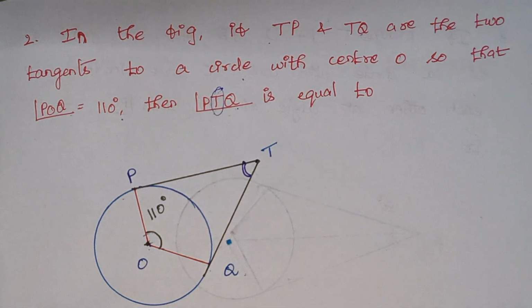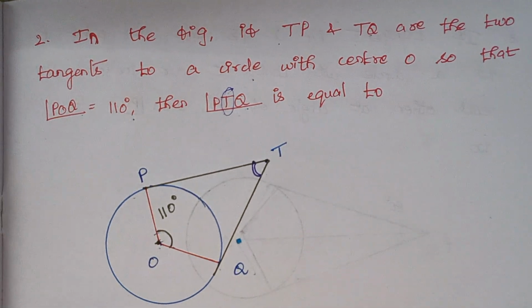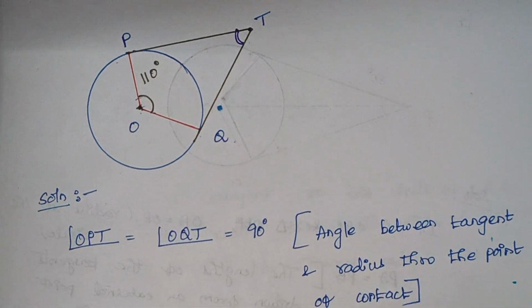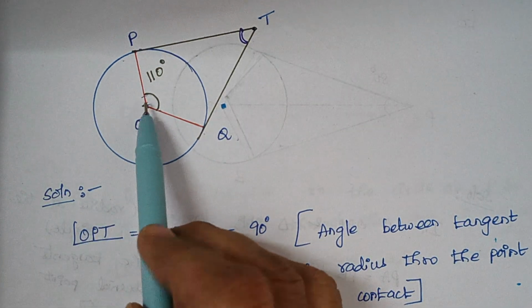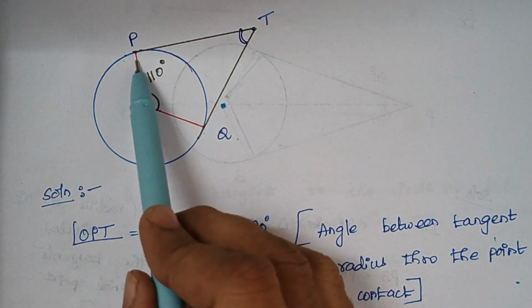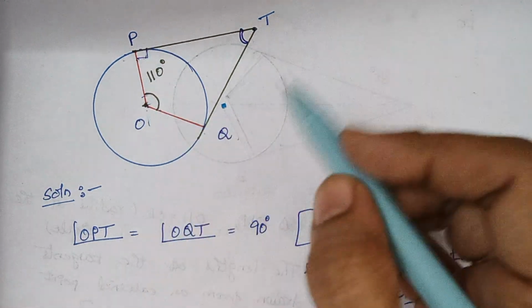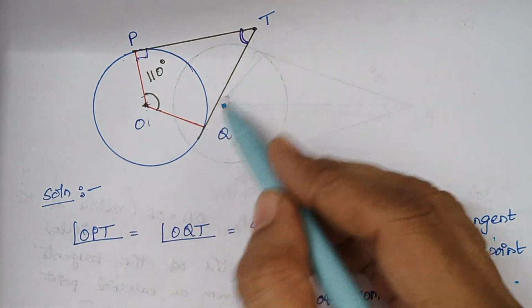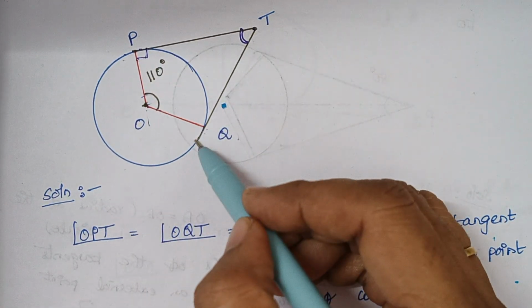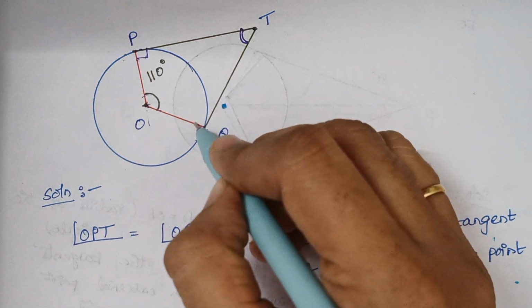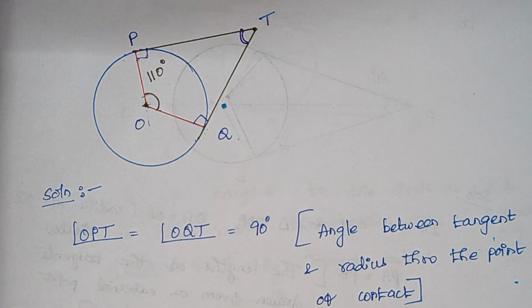Again, the angle between a tangent and the radius is always equal to 90 degrees. So here we are having 90 degree. Similarly, this is also a radius of the circle and this is a tangent, and this angle is also 90 degrees.